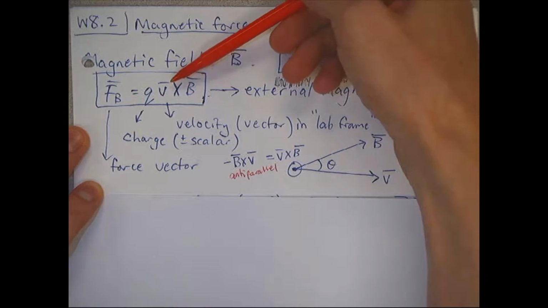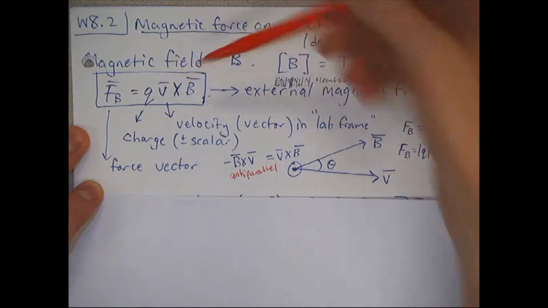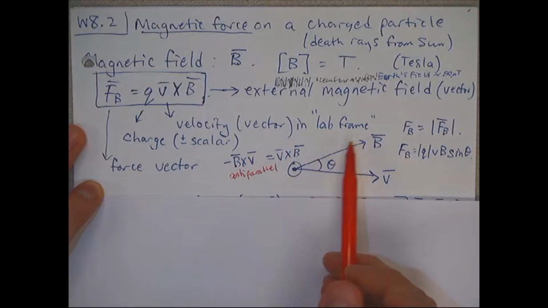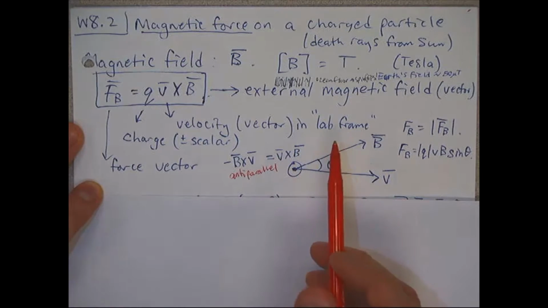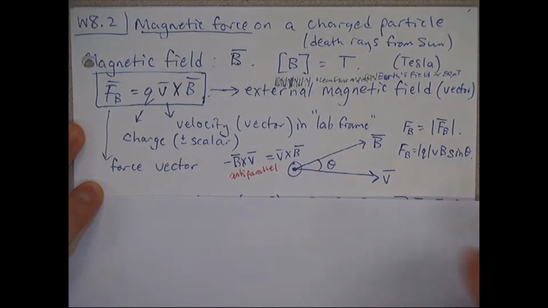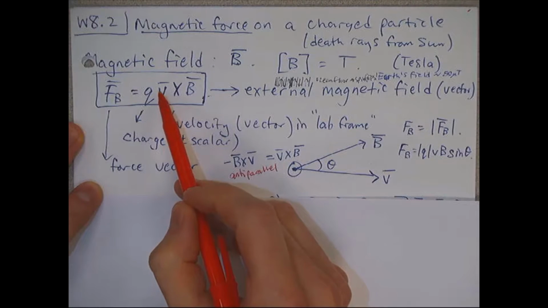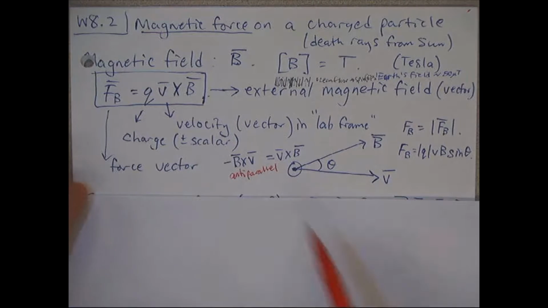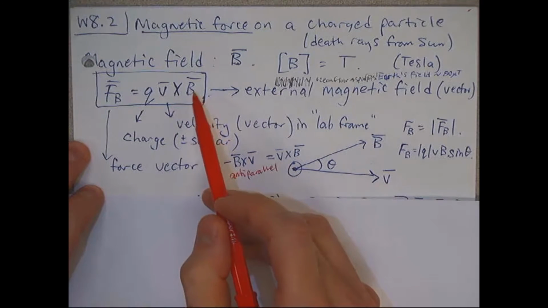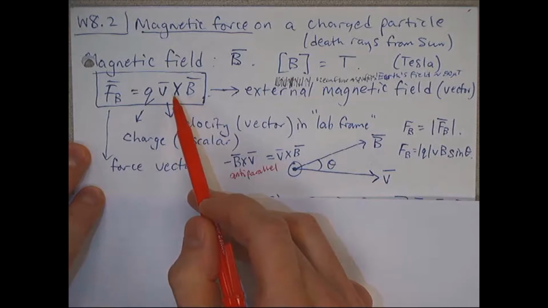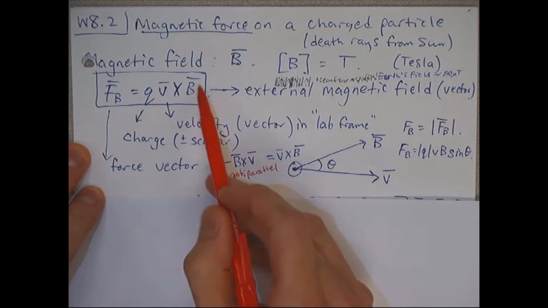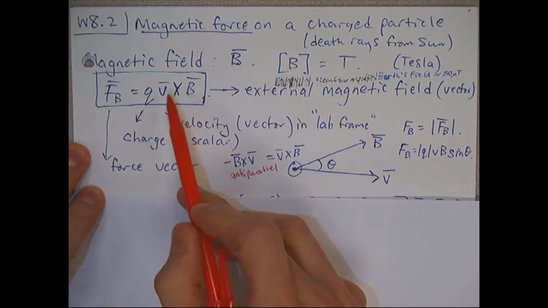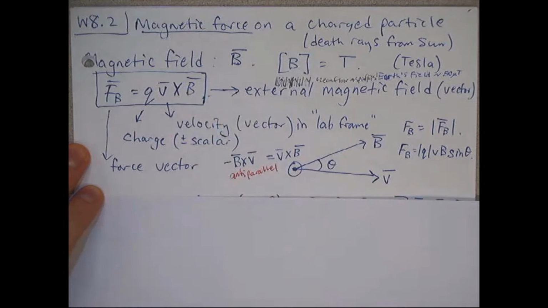The velocity vector V in what we call the lab frame, that is, everyone in this room will agree on the motion or velocity of the charge with respect to us. And the cross product with the magnetic field vector. So we have Q, V, cross B.